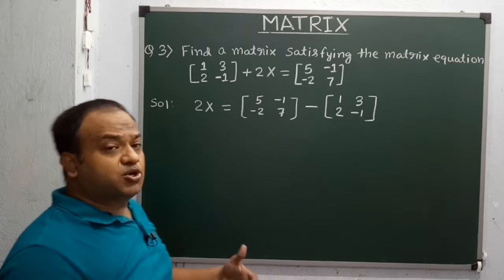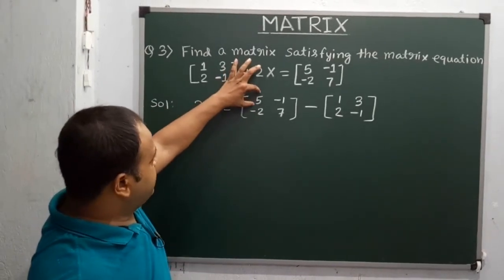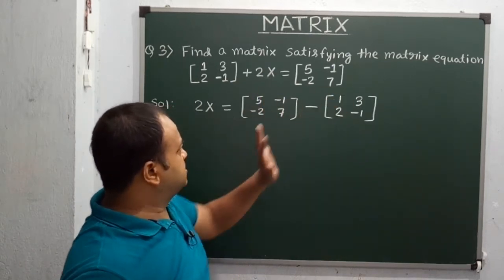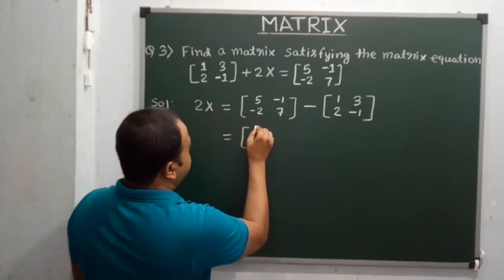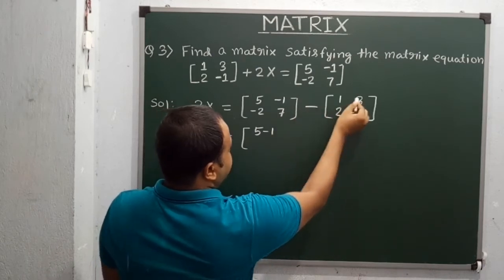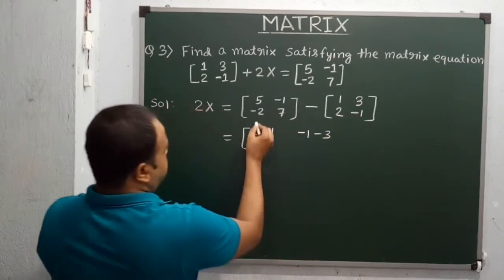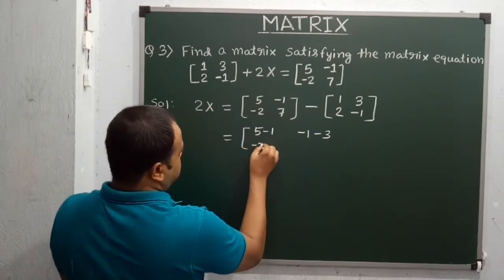Now subtraction or addition is very simple. Suppose the first element here is 5 and in this matrix the first element is 1. You subtract these two, so you get 5 minus 1. Similarly, minus 1 minus 3, and here it will be minus 2 minus 2.